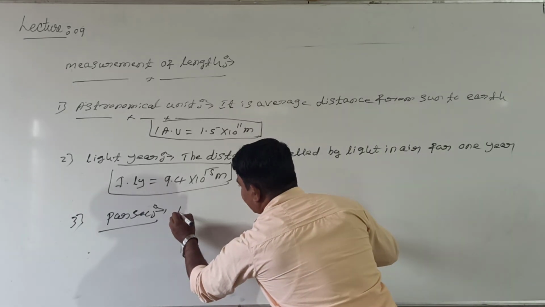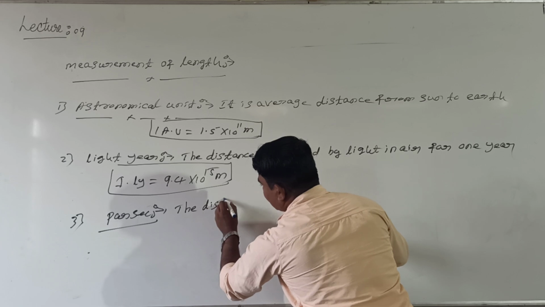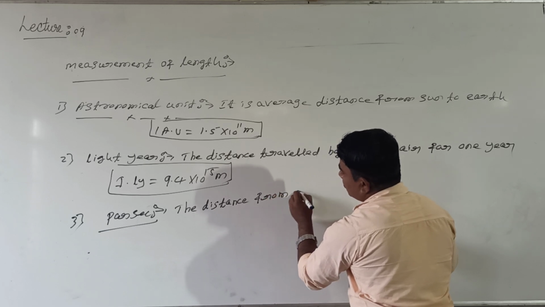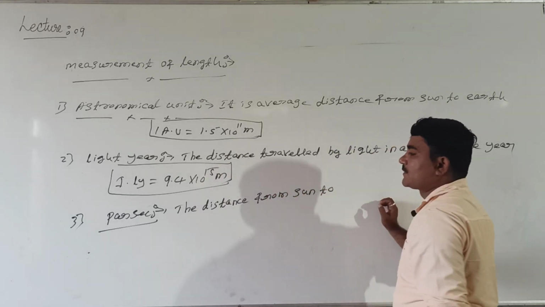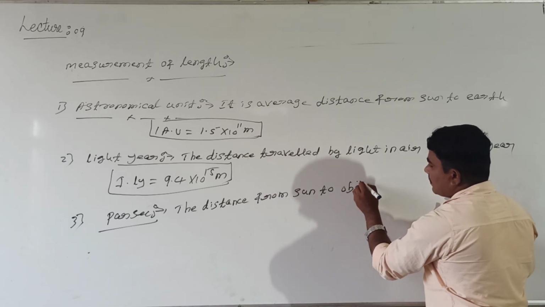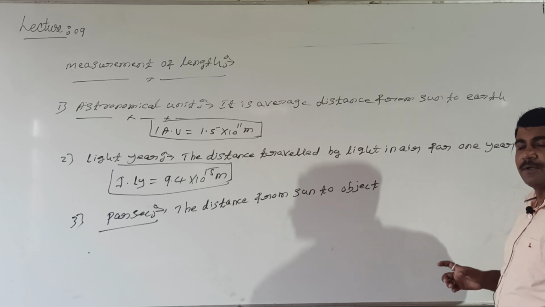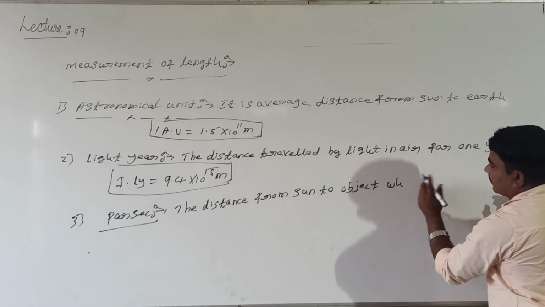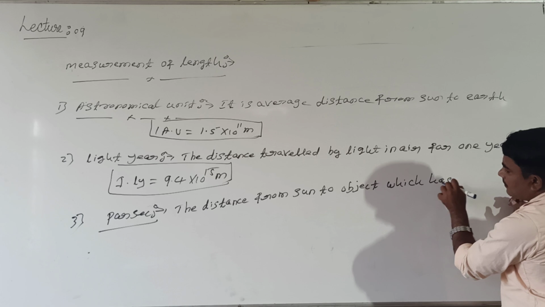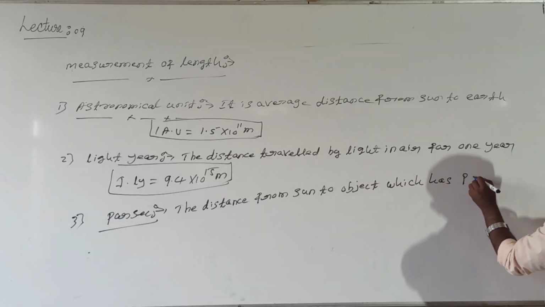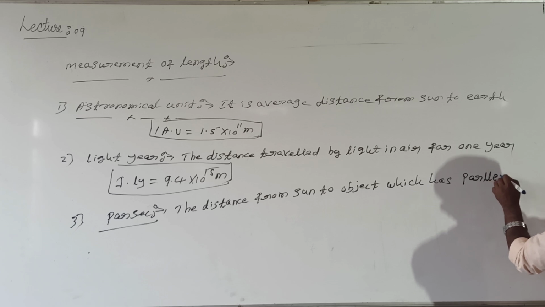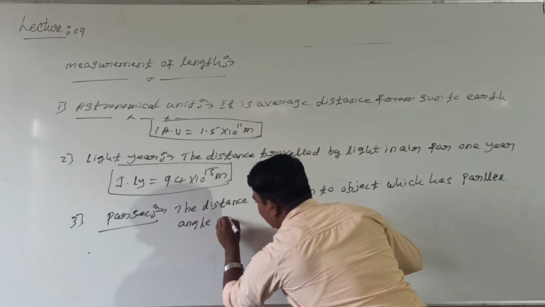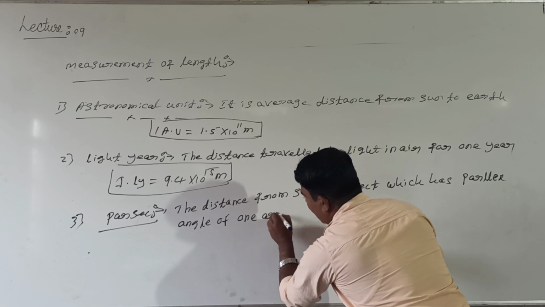The distance from the Sun to an object which has a parallax angle of 1 arc second.